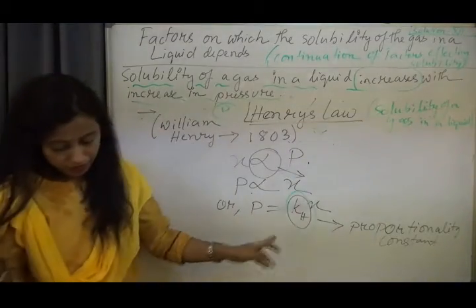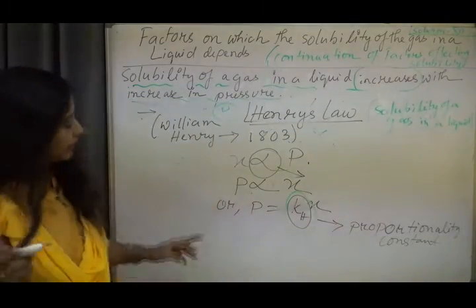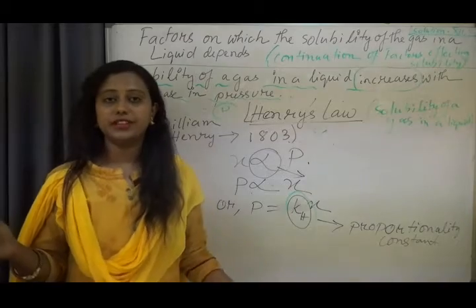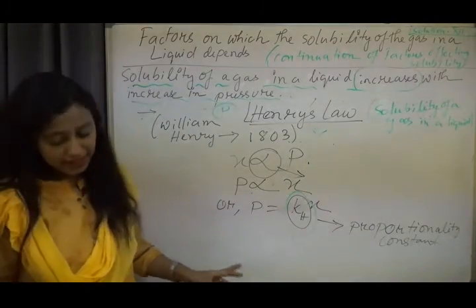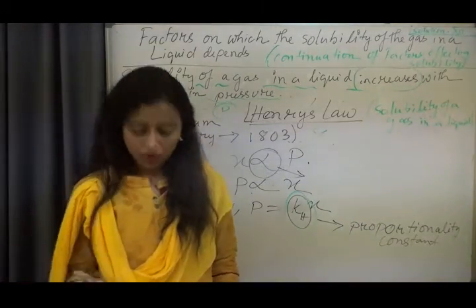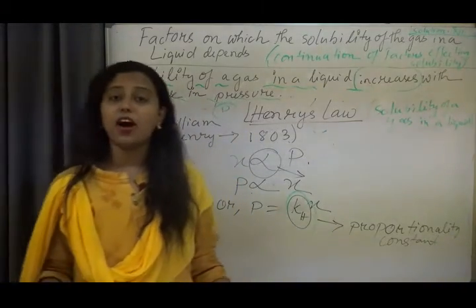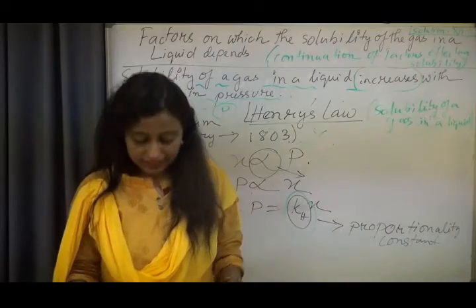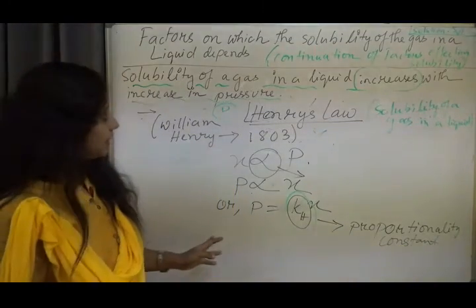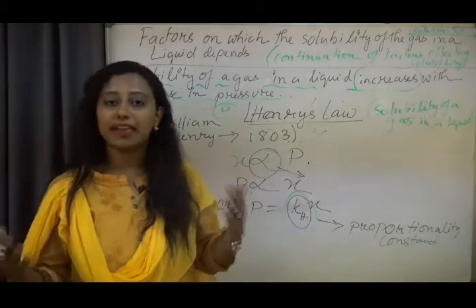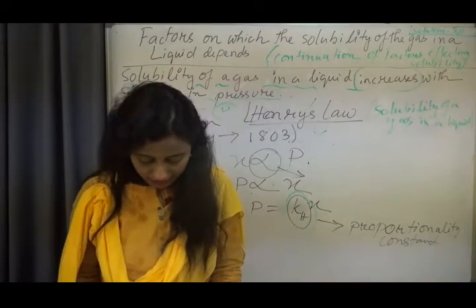So this is the proportionality constant, and KH is called the Henry's law constant. The value of this constant depends on the nature of the gas, what type of gas it is.